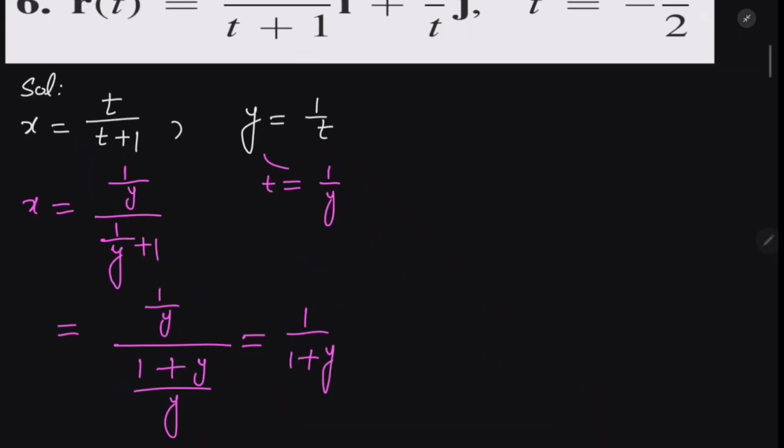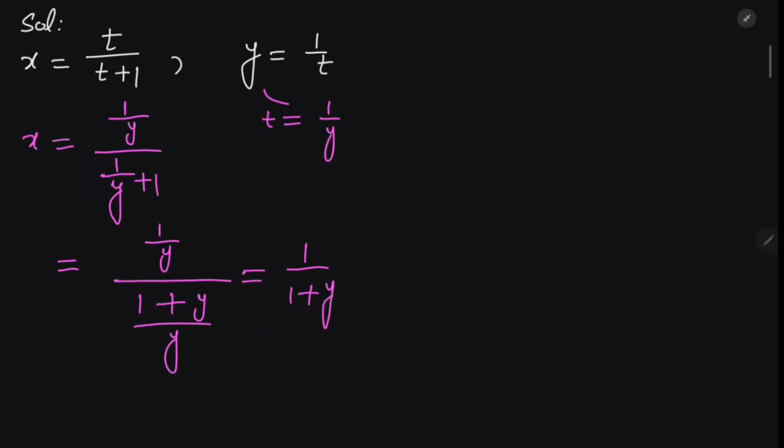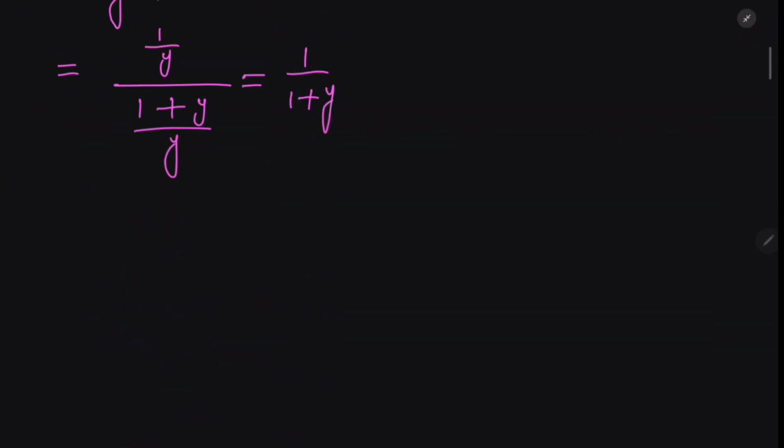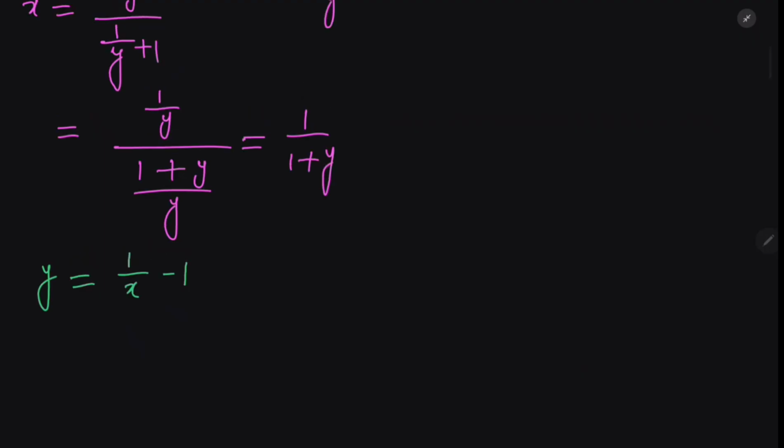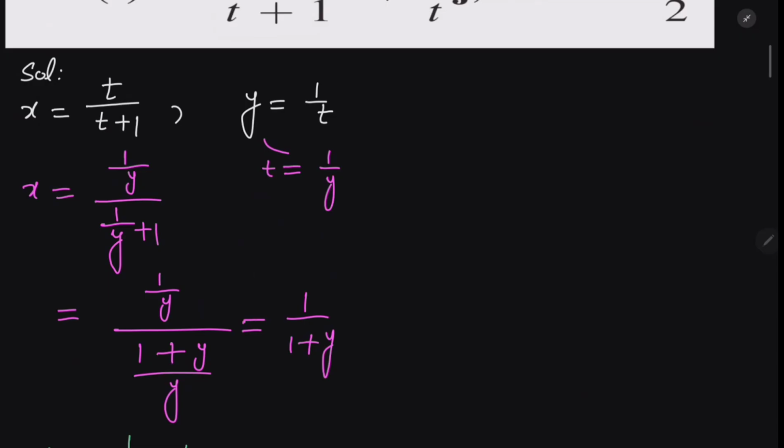So this was the equation. This is the Cartesian equation for the above vector valued function. We can find the value for y as well, and y will be equal to 1 over x minus 1. So this is question number 6.